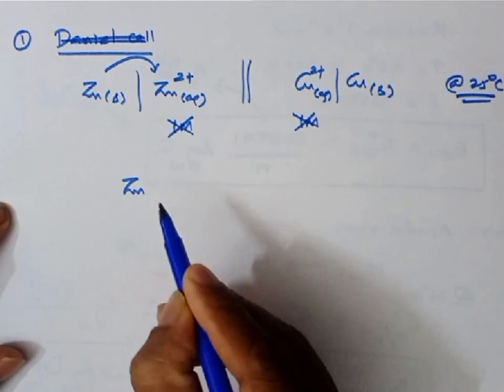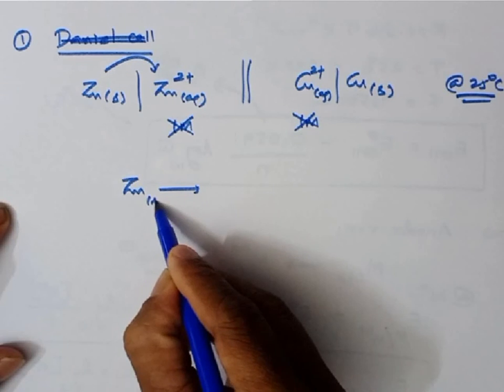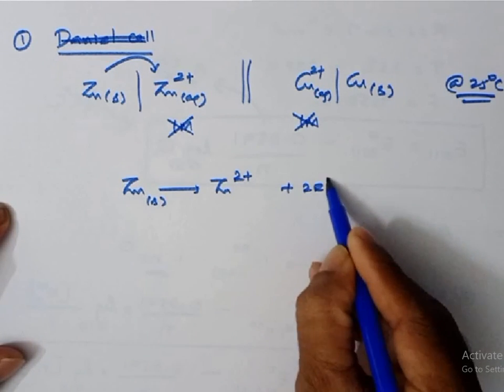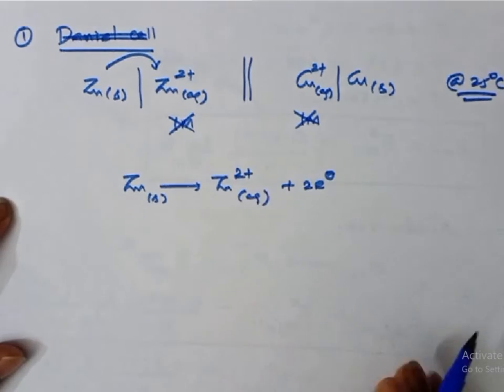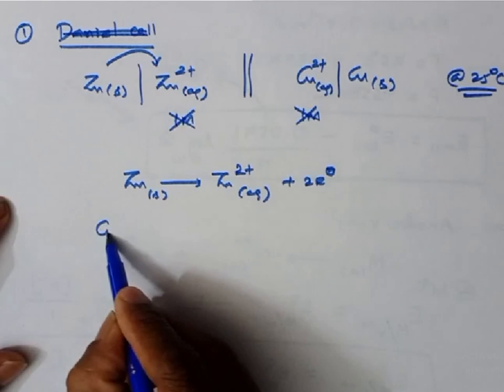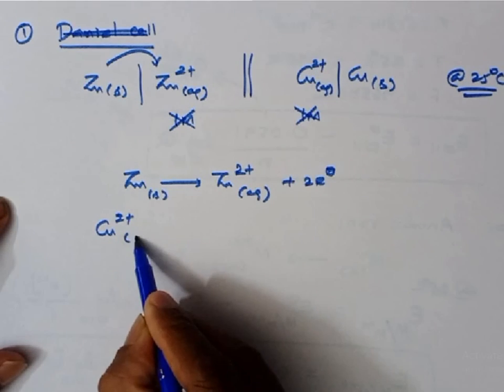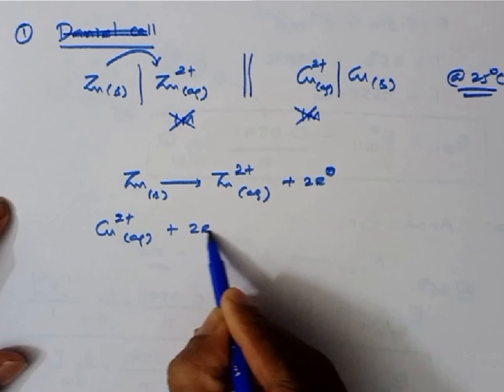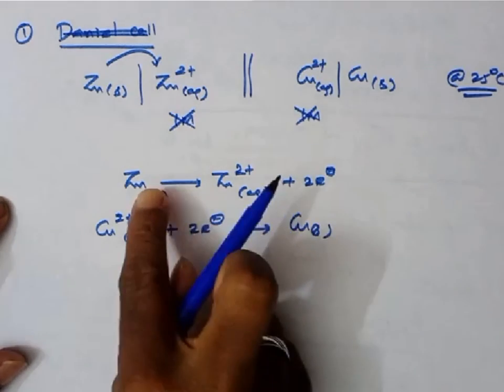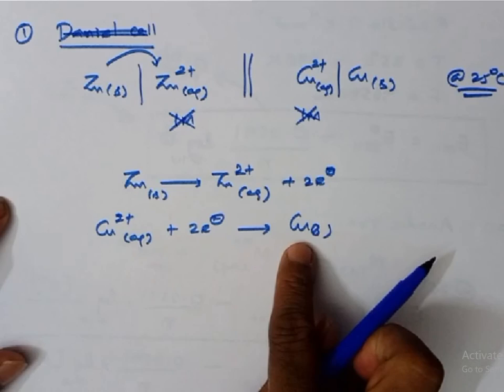So I'll write this anode reaction: zinc solid giving 2 electrons and becoming zinc ion. That zinc ion goes to the solution. Then cupric ions present in solution gain 2 electrons and become copper solid. So this is the anodic reaction and this is the cathodic reaction.